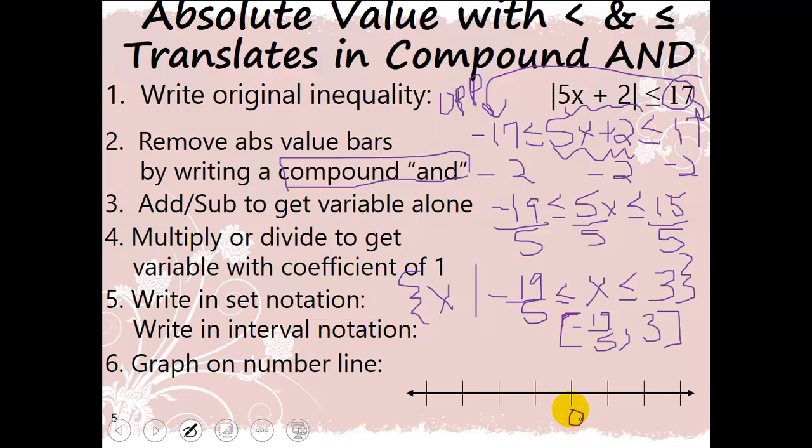Here's 0, 1, 2, 3, -1, -2, -3, -4. Not quite -4. -20 over 5 would be -4. So I'm going to call it here, closed dot. And 3, closed dot. And then a line in between.